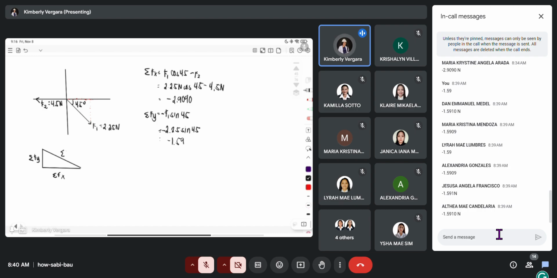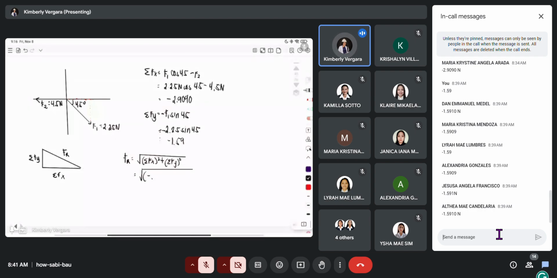Ito yung resultant natin. So, Pythagorean theorem ulit. FR is equals to square root of summation of Fx squared plus summation of Fy squared.